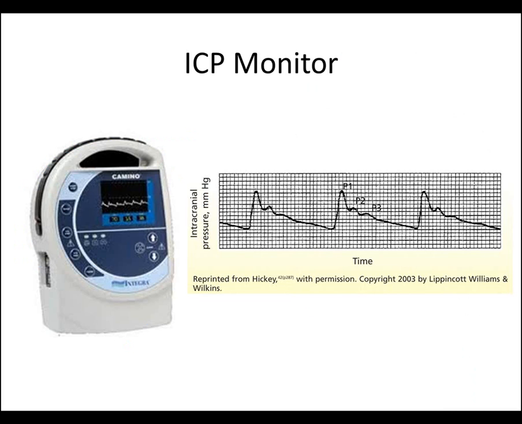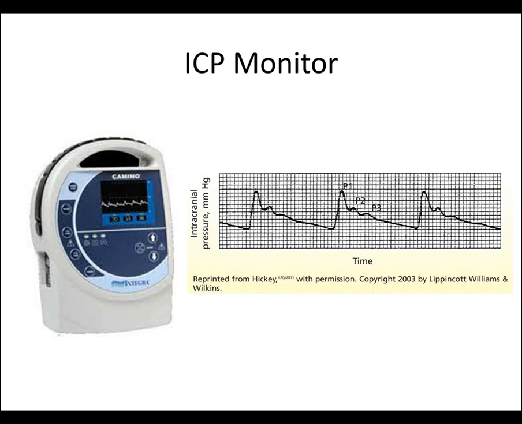And in both facilities that we use, Medical Center and Flowers, both of them are currently using this Camino monitoring system that you see to your left. And again, if you can see the screen, that's where it's taking the increased intracranial pressure and converting it to an electrical impulse that you can read on the screen. The right is just an example of a strip of what you might see on the monitor.